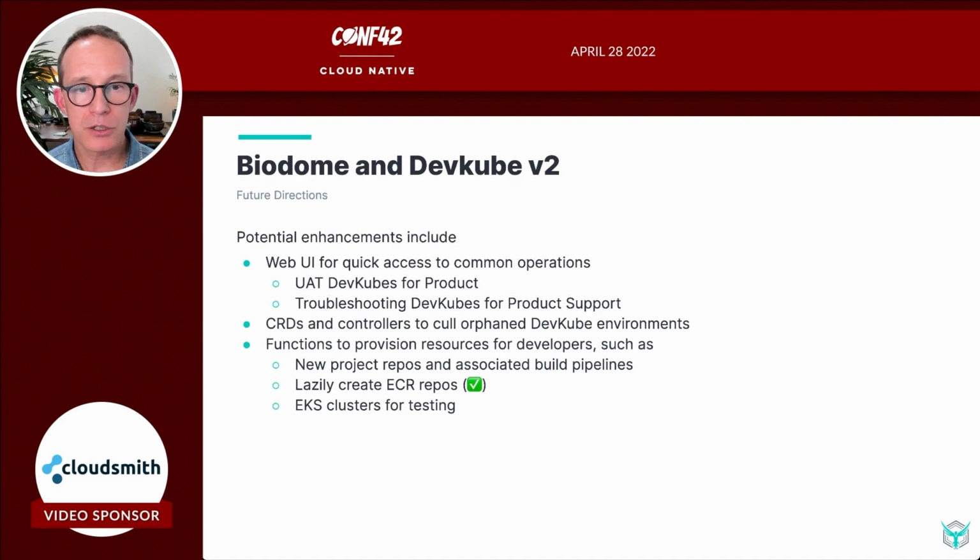Maybe product could come along and spin up their own UAT environment for tests that they want to do. Or maybe product support could use dev cubes for troubleshooting. They could set up an entire platform and an entire scanner environment so that they could run some tests and run some experiments. We could also create CRDs and controllers to manage our DevCube environments.